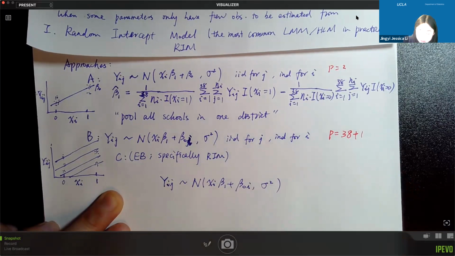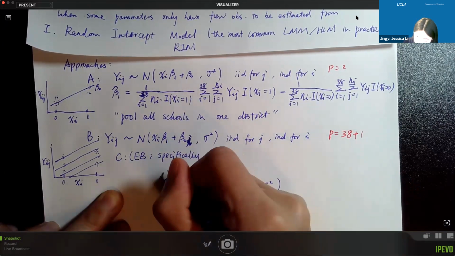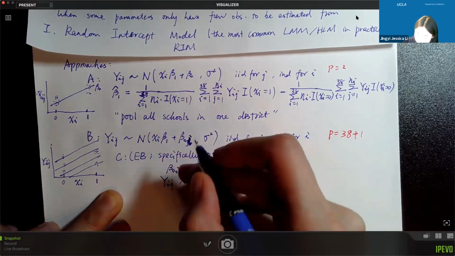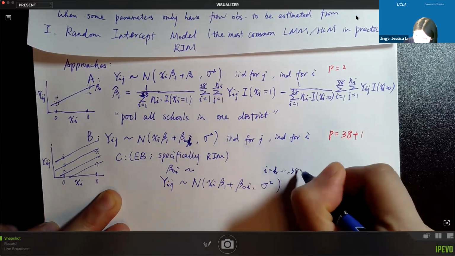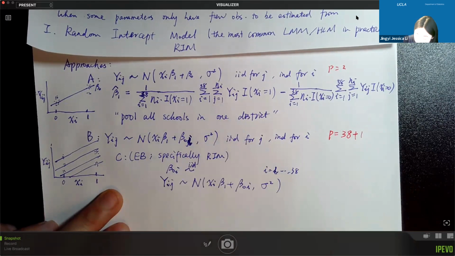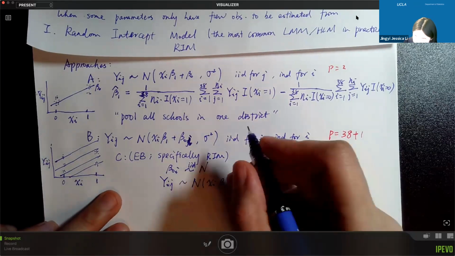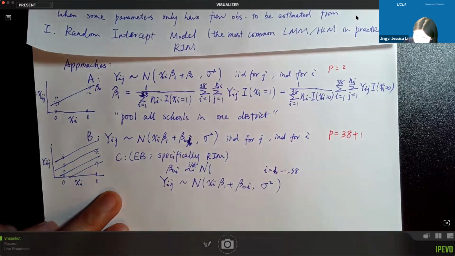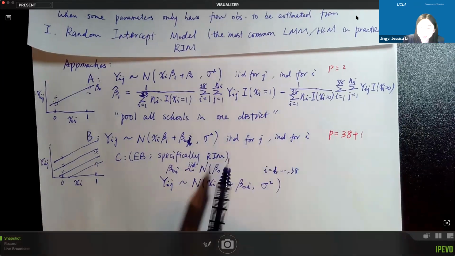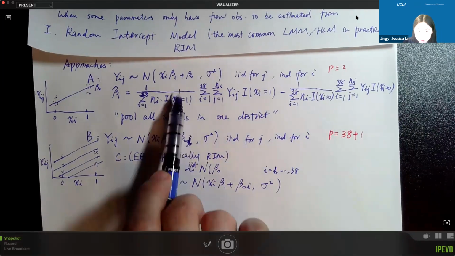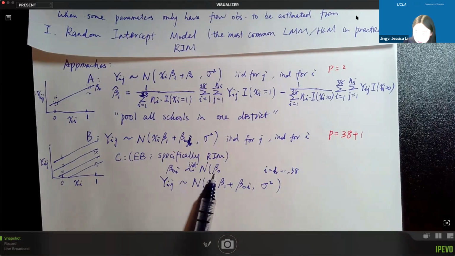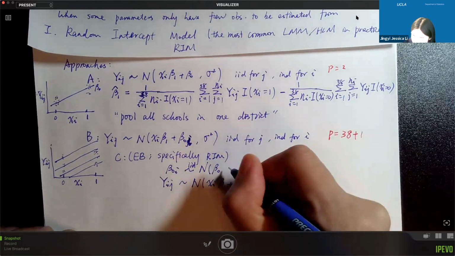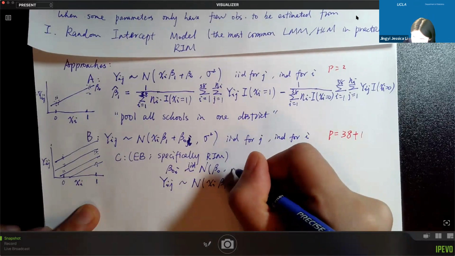Okay, so that's still here. But additionally, we assume beta 0i, for i going from 1 to 38, are IID scalars following a normal distribution with a mean parameter beta 0. We can consider this the common intercept we assume like in model A. But now each specific school varies around this common intercept with some variance, and we call that tau square.